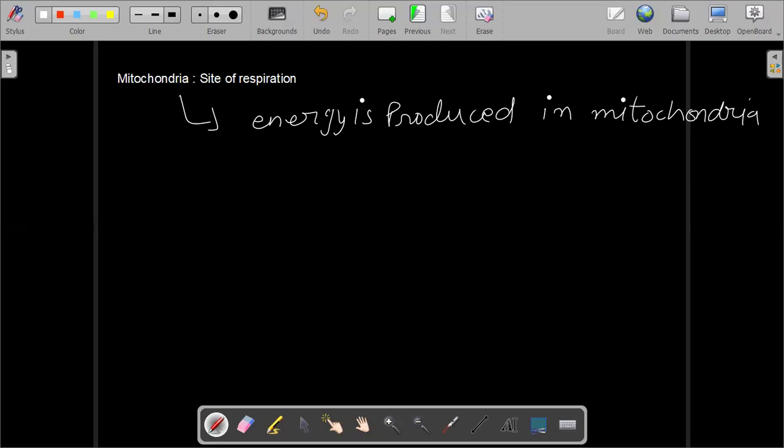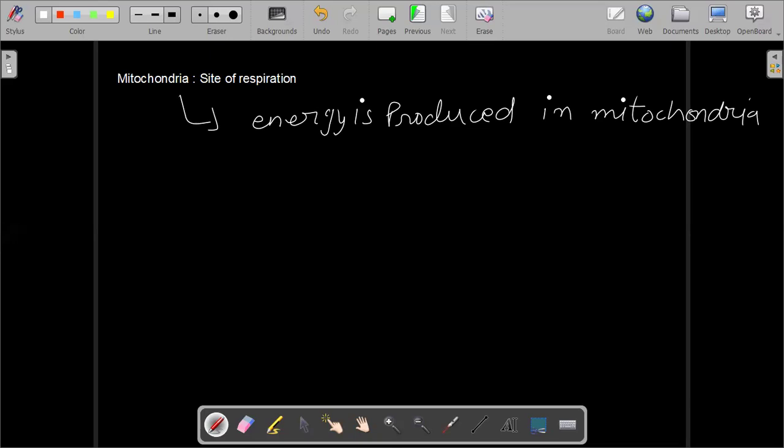In the prokaryotic cells, we do not find mitochondria. Okay, so do the prokaryotic cells perform respiration? If yes, how do they obtain energy, since they don't have mitochondria? Sir, they do photosynthesis due to the plastids present in them.